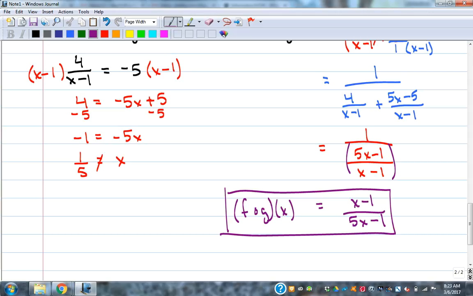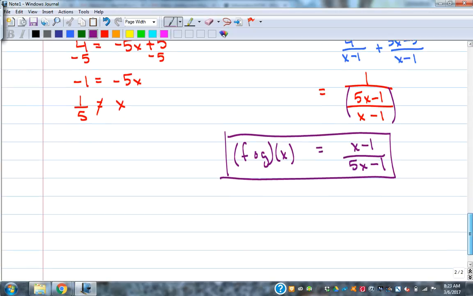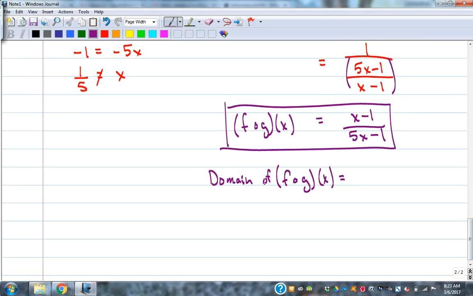Okay. All right. Last thing is the domain of that. Because we had restrictions on the domains of each individual piece, we need restrictions on the domain of the composite function. So domain of f composed g of x. All right, so let's look at where it came from.